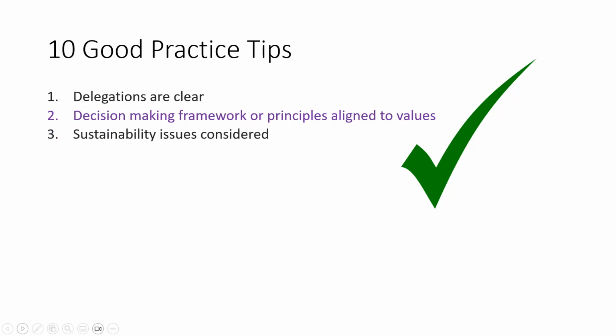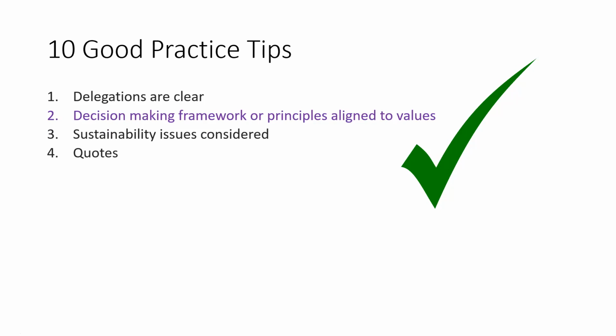Sustainability issues are considered. So even life cycle and the waste that might be part of a purchasing decision. Also, sustainability in terms of, if you're doing something as a one-off, you're going to be able to sustain that practice over time.